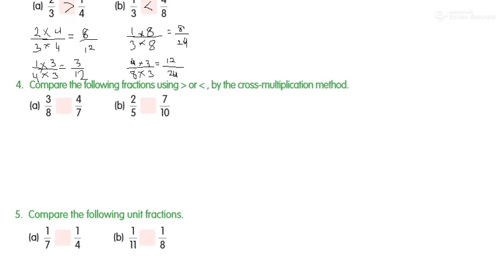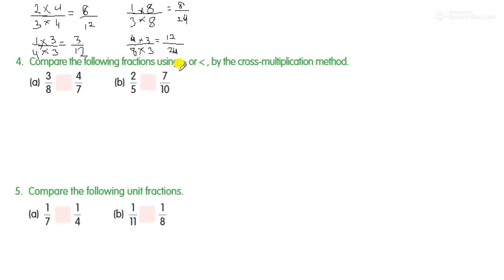Now the fourth bit is, compare the following fractions using greater than, less than by the cross multiplication method. Here we have to compare with the cross multiplication method. So here a bit is 3 by 8 and 4 by 7.